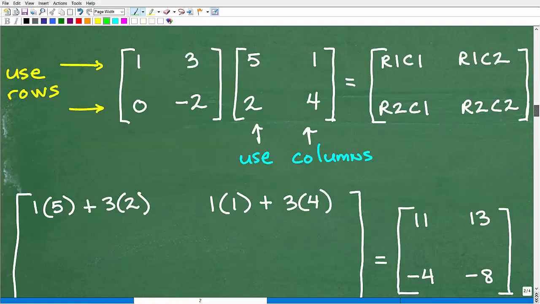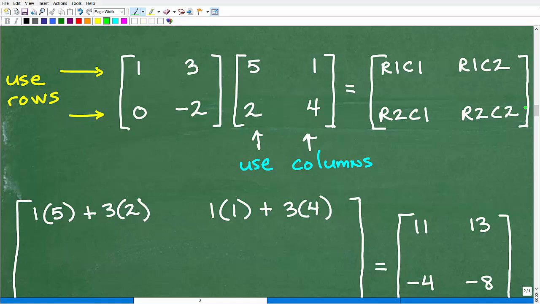Okay, so let's go ahead and get into the fun part of this problem, which of course is actually calculating the answer. Remember we have a 2 by 2 and we have another 2 by 2, so we know the answer is going to be a 2 by 2. We always have to know in advance the size of our matrix, and then of course we have our various positions. So let's calculate row 1, column 1. Again, we're going to use the rows of the first and the columns of the second.